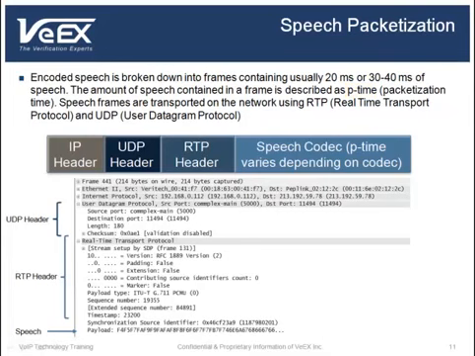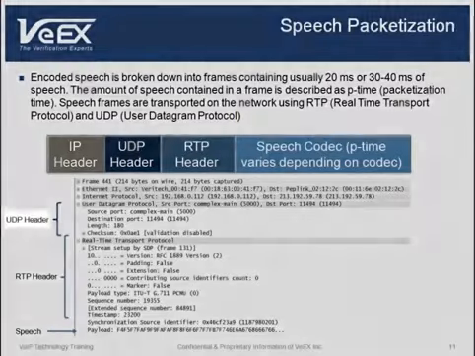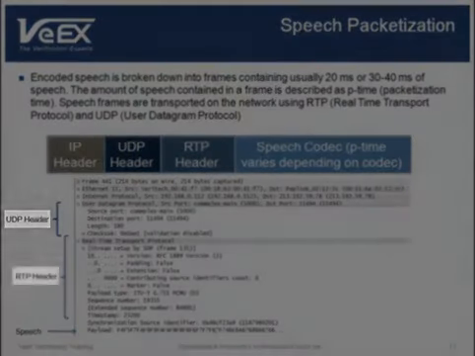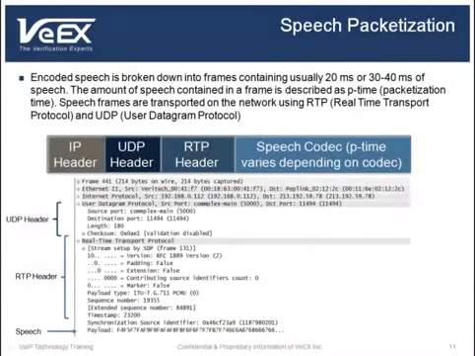The speech frames are then encapsulated to be transmitted on the network through Real-Time Transport Protocol, or RTP, and User Datagram Protocol, or UDP. The picture here shows the details from a packet capture protocol decode. In addition to the IP header used to route the VoIP on the IP network, the frames are encapsulated with a UDP header and an RTP header. We will see the details in following sections.